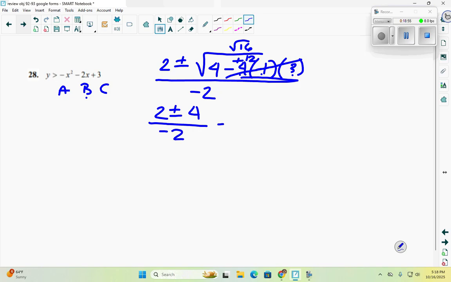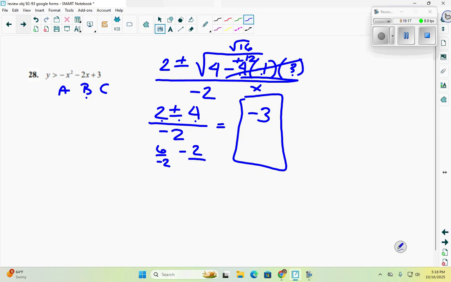Okay, so we're solving for our 2 x values. Okay, so 2 plus 4 is 6, and 6 divided by negative 2 is a negative 3. Here's one of our values. Okay, now we're going to go through and do 2 minus 4. Well, 2 minus 4 gives me a negative 2 over a negative 2.